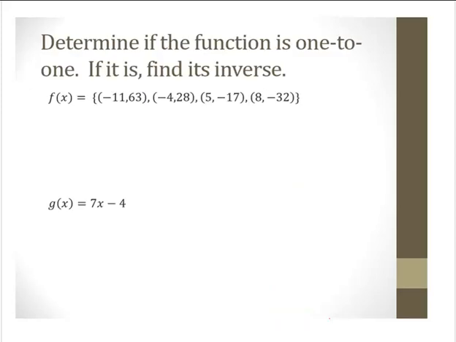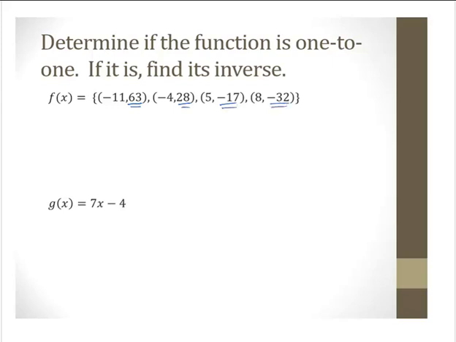All right, determine if the function is one-to-one. If it is, find its inverse. So here we see this function, and we just have a set of ordered pairs. So f of x is the set of ordered pairs negative 11, 63; negative 4, 28; 5, negative 17; and 8, negative 32. Now it is a function because no inputs are repeated, but now let's also consider the outputs: 63, 28, negative 17, negative 32.